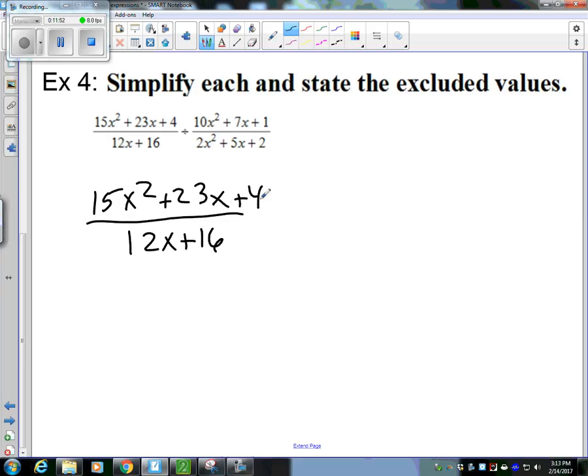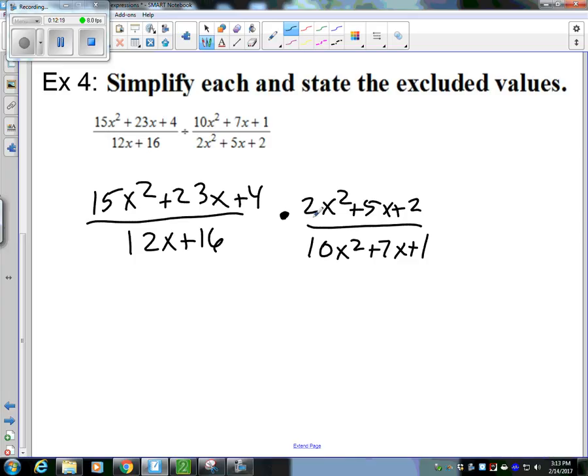And in order to do that, mathematically, you have to do the reciprocal on the second fraction. So you switch the numerator and denominator, over 10x squared plus 7x plus 1. The next step is to factor. So the next slide you see, it'll be factor.